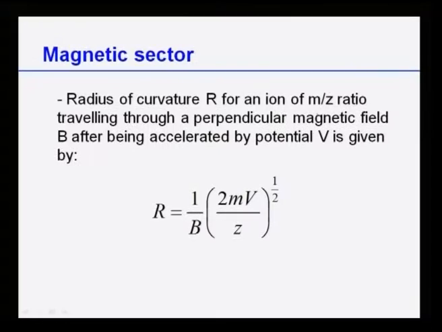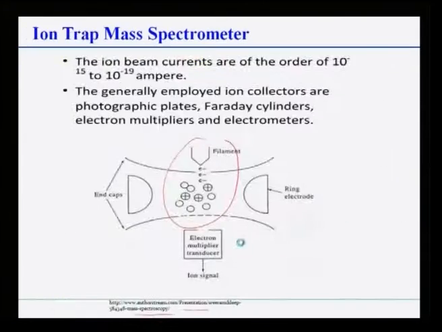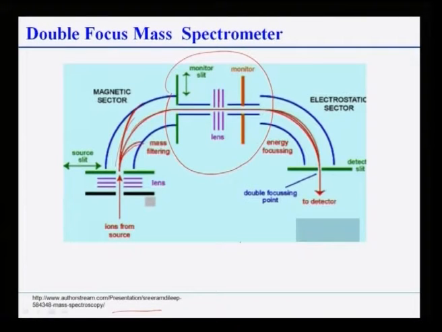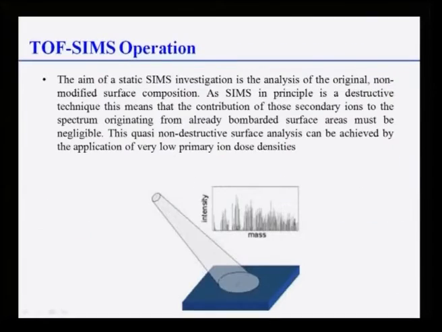The radius of curvature of any ions of distinct m by z ratio travelling through a perpendicular magnetic field B, after being accelerated by a certain potential, is 1 by B times (2mV by z) to the power half. So if B is constant, it depends on the m by z. Ions travel at different radii, and that will depend on m by z. That is what is actually used in this technique.